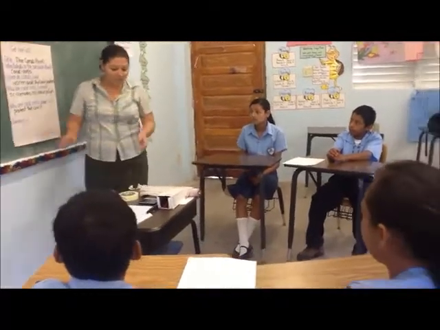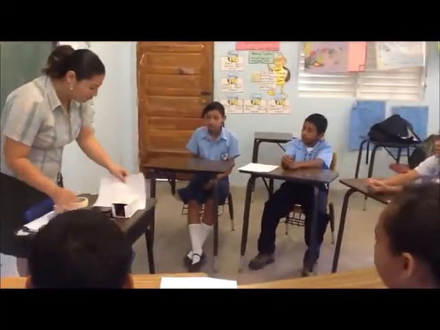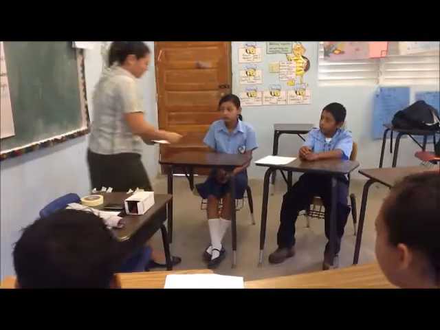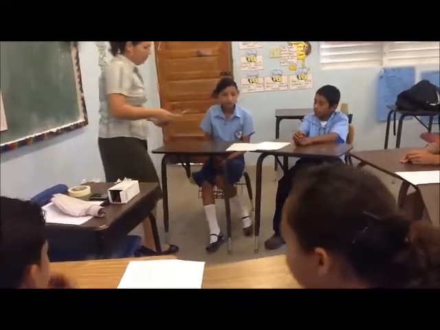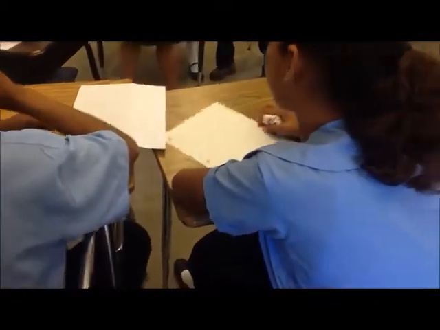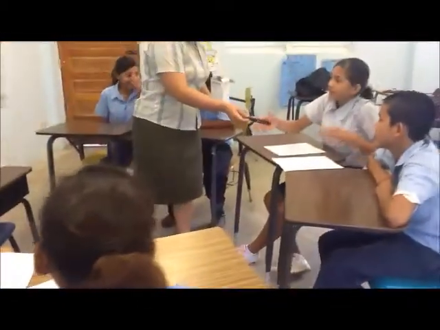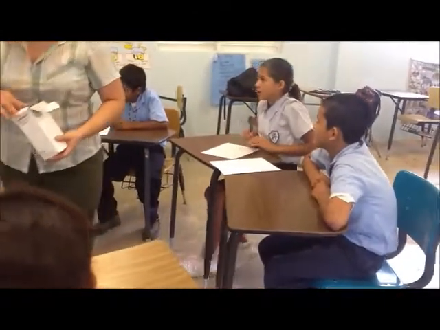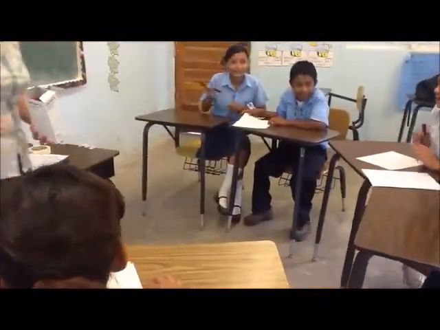Okay, so I'm going to give you a paper, and I want you to work in the same pairs that you read the passage in, and I want you to think of the summary that you would write, or a sentence that would summarize what you read that is no more than 20 words. So it can be 20 words or less. Okay.